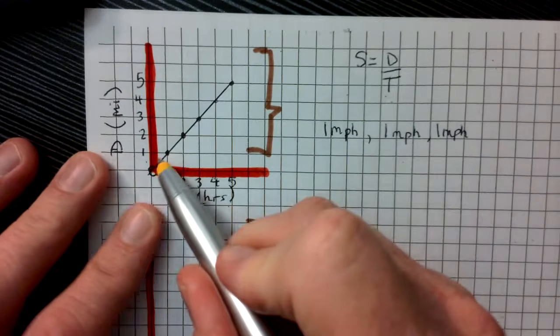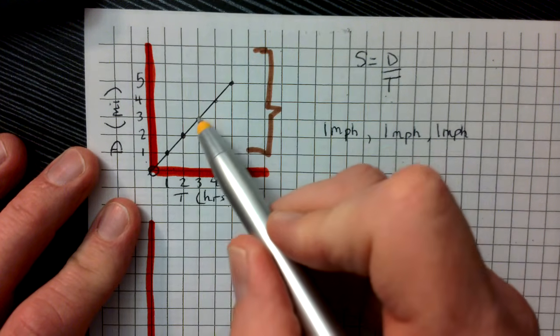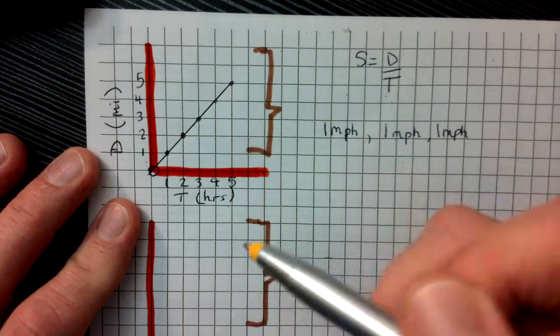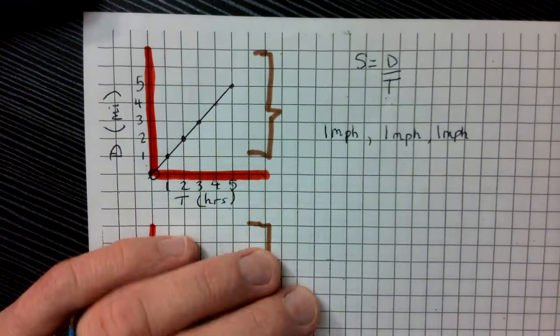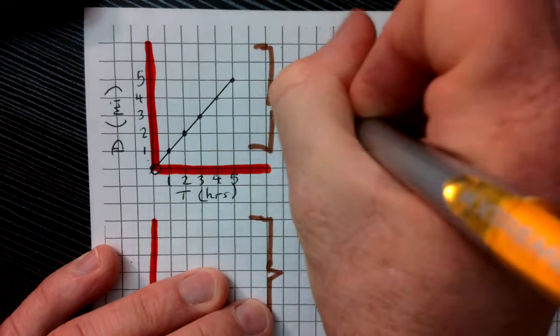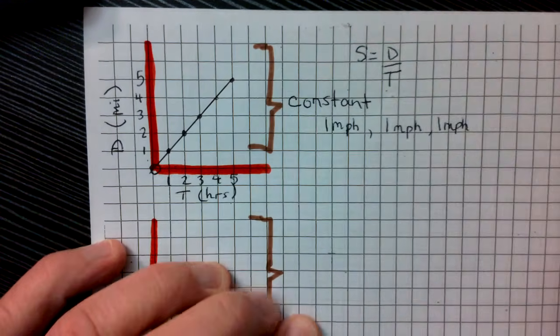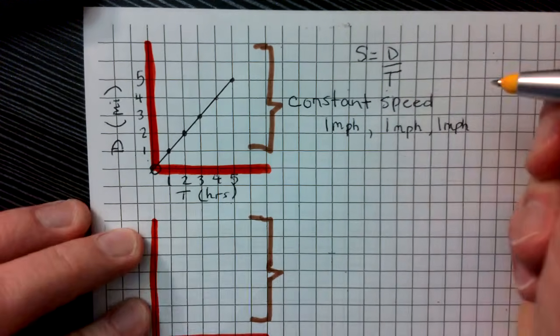So this proves mathematically that a line that is straight and going up at an upward angle means the object is always traveling at a consistent speed, or the same speed. And that's really what I want you to write right here: constant speed. Okay?